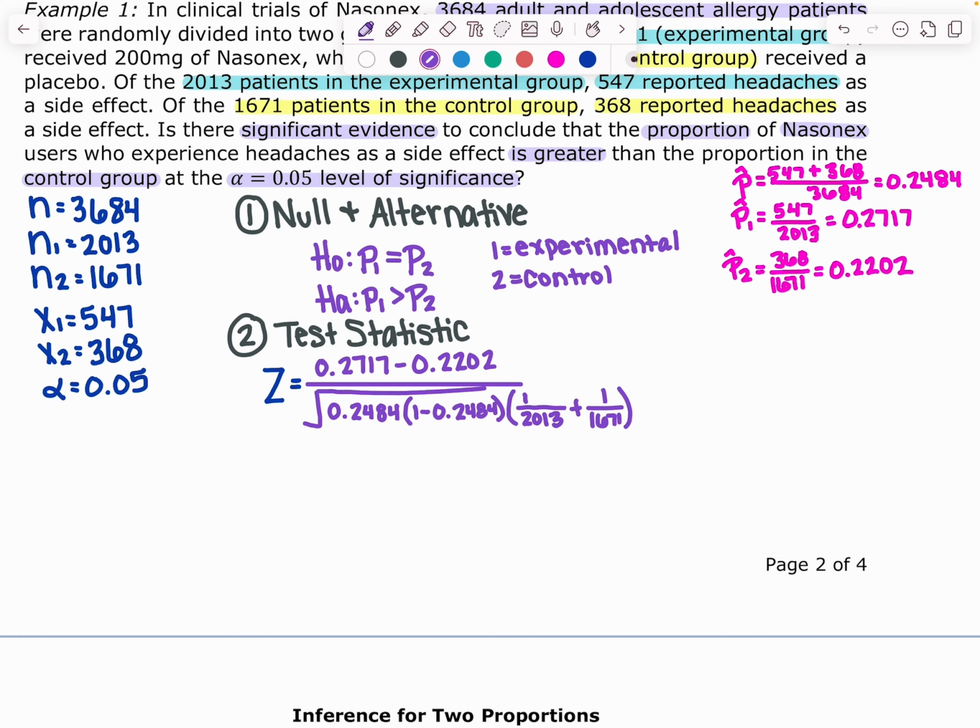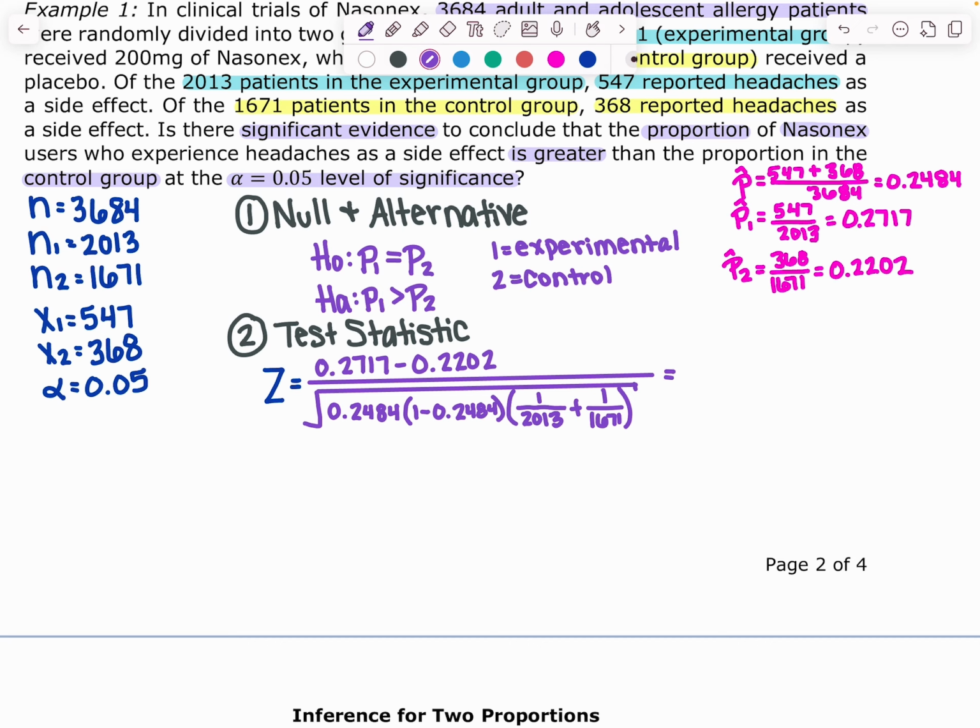And all of this is inside the square root. And then all of this is underneath the division. So not terrible, but not something I really want to do.